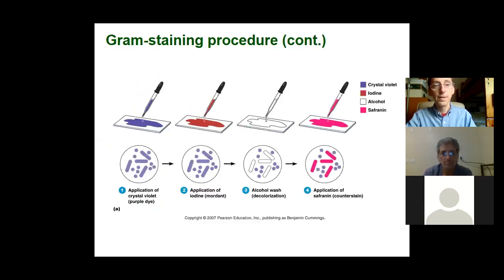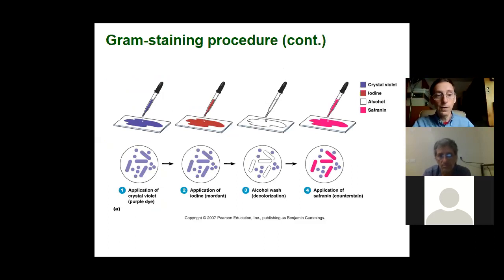No questions. So this is going through how the cells look when we're applying the different stains and different steps of the gram stain. When you apply the crystal violet to the bacterial smear, all of the cells will stain purple from the crystal violet.